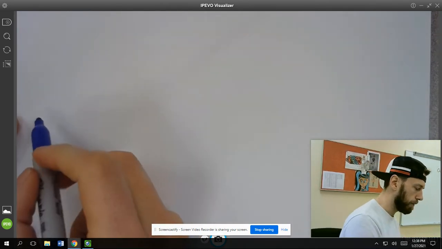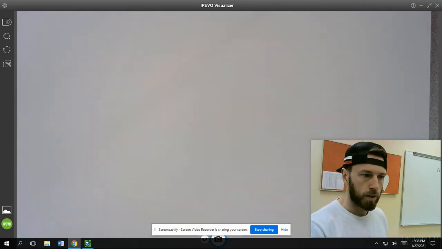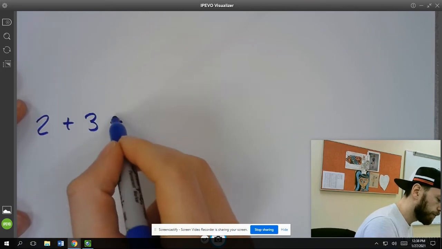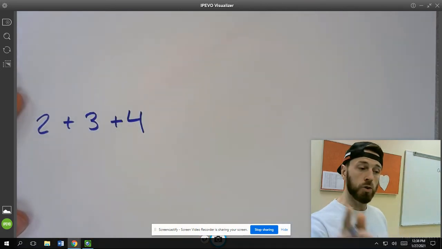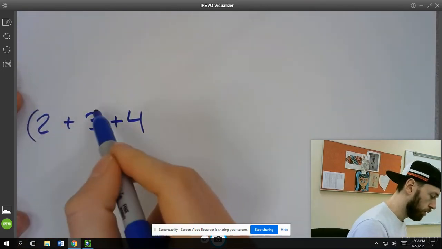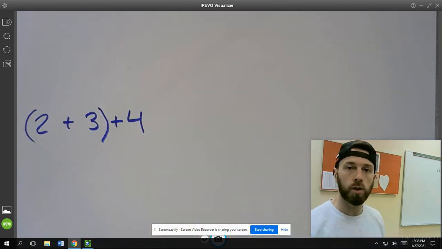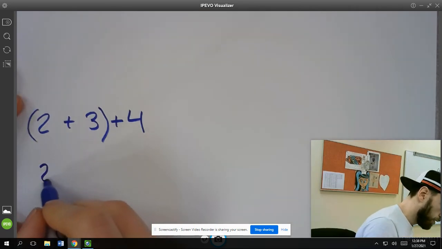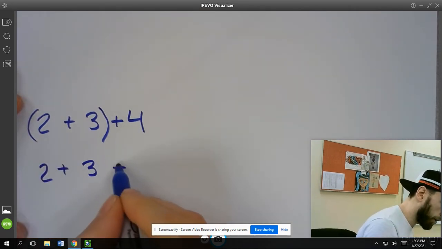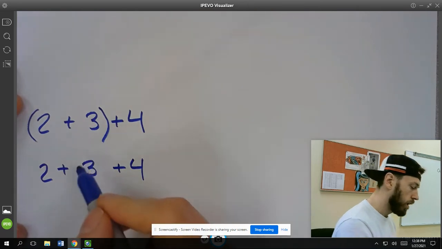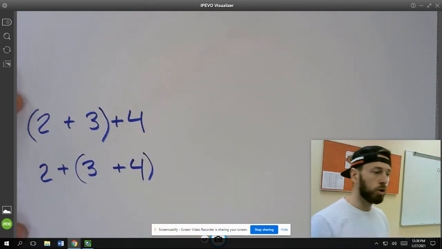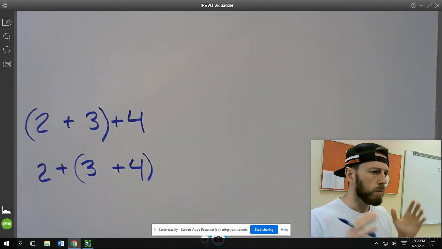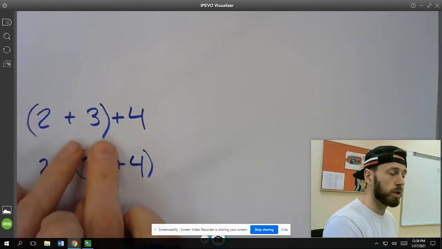And this property says that if you have a couple numbers being added together, let's say 2 plus 3 plus 4, that you are allowed to group up the 2 and the 3 first and add those together if you want to. Or, keeping them in the same order, 2 plus 3 plus 4, you can choose to do the 3 plus 4 first. And this answer will still be the same thing.